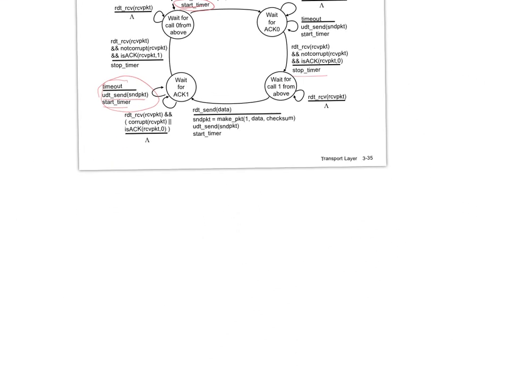So a sender sends, this is a receiver. A sender sends the segment. Okay? So this is the segment. It arrives successfully. And the sender waits for a timeout. Okay? The timeout expires here.